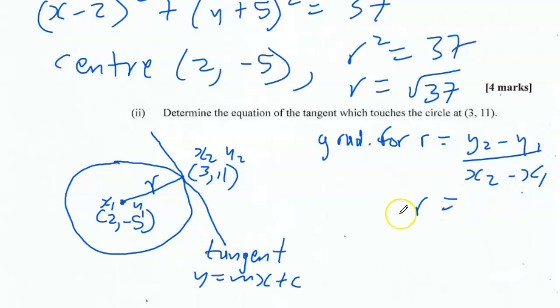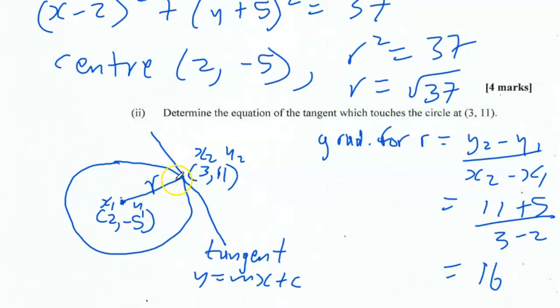So the radius would be 11 plus 5 upon 3 minus 2. So we end up with 11 and 5, that's 16 upon 1. So the gradient of the radius is equal to 16.